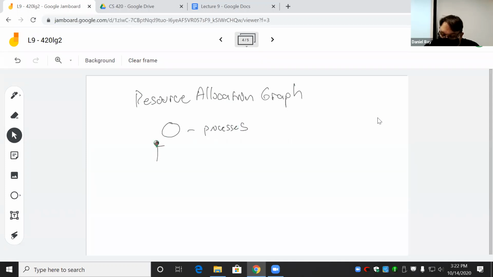Squares or rectangles are resources. If there are multiple copies of a resource, then you've got a circle inside of this rectangle for each copy of the resource.